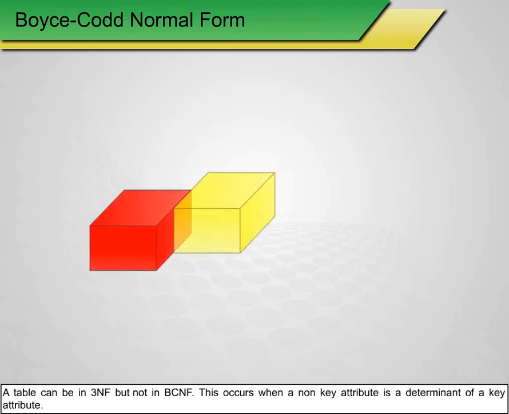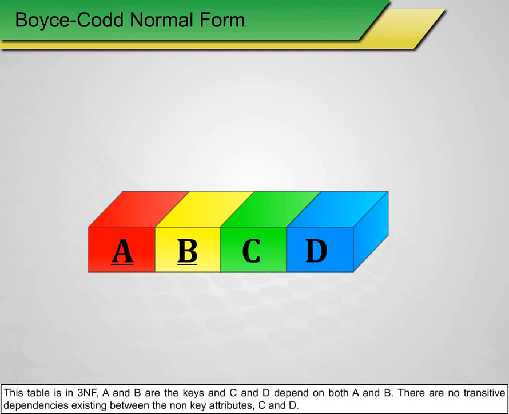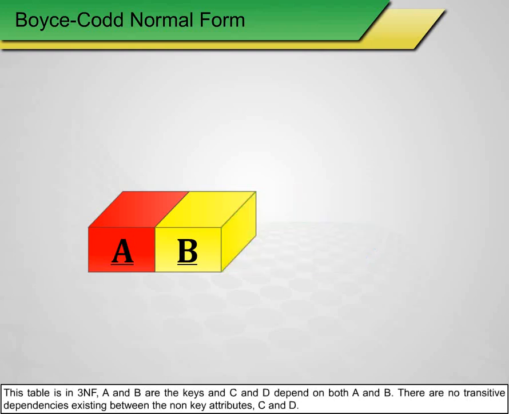A table can be in 3NF but not in BCNF. This occurs when a non-key attribute is a determinant of a key attribute. This table is in 3NF.